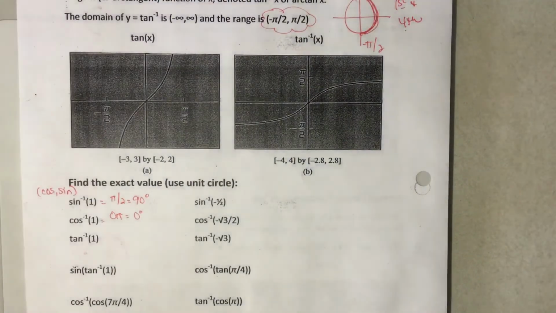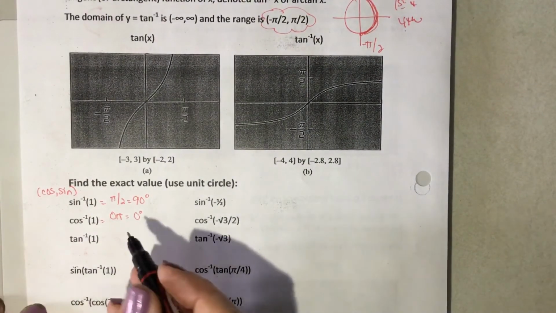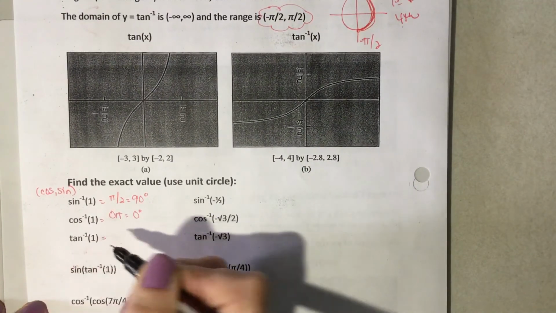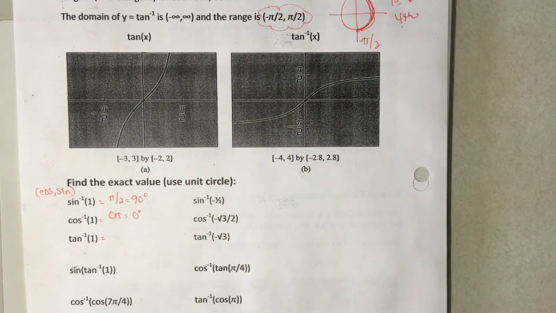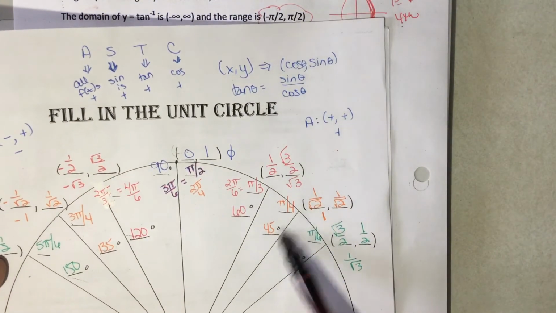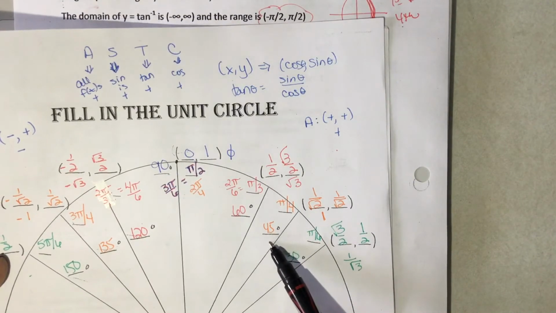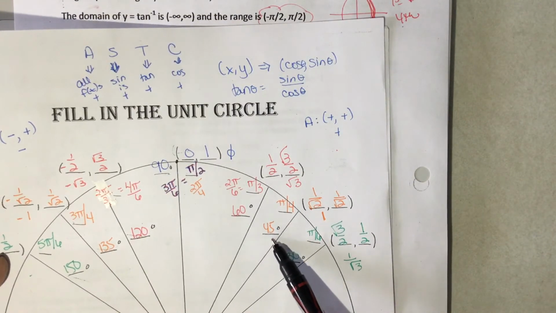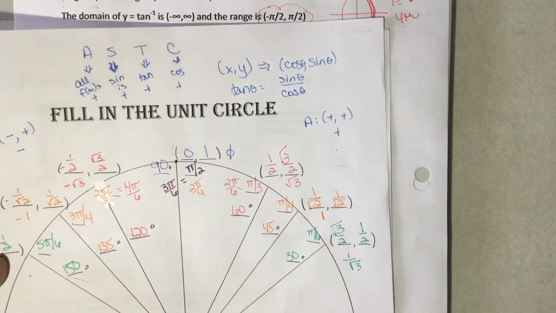Are you going to even use the third quadrant? No, third is never used. Okay, where's tangent 1? Two places. Tangent's 1 at any of the 45s, but the positive 1 is in the first and the third.